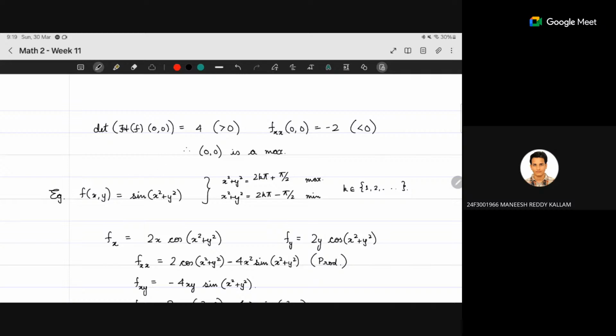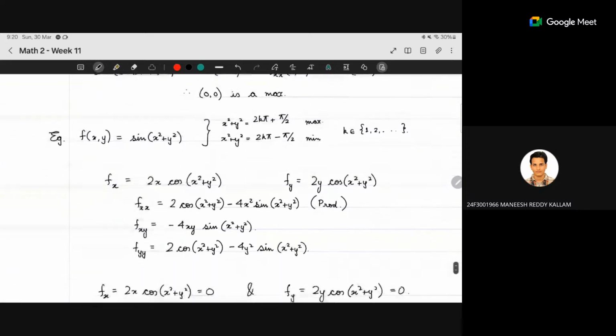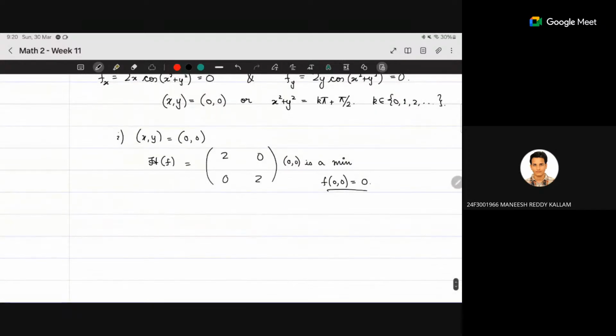If you draw the graph of the sine function, you have these points on the positive side of the x-axis also where the function value is negative. The minimum and maximum of sine are +1 and -1, and these are attained at infinitely many points. But here, the function value happens to be 0, and the Hessian test is saying that it's a minimum.